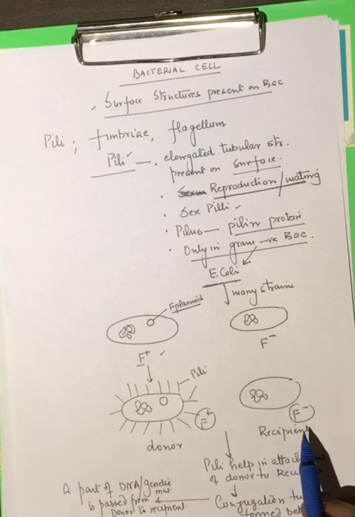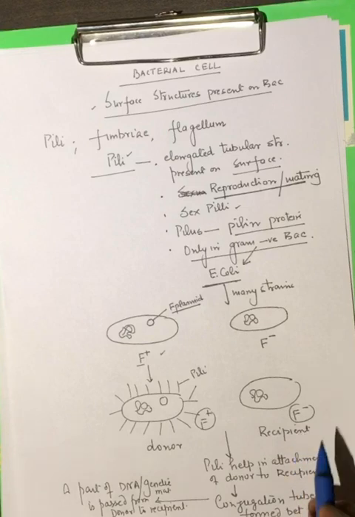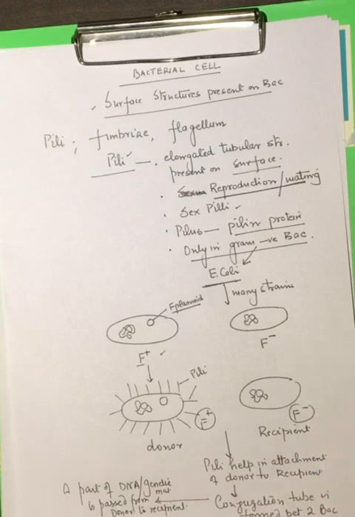So generally we know that bacteria reproduce by binary fission, that is asexual reproduction, but a primitive type of sexual reproduction has also been observed in bacteria, and the most well studied is a gram negative bacteria, E. coli, in which we have different strains, those with F plasmid and those without F plasmid.